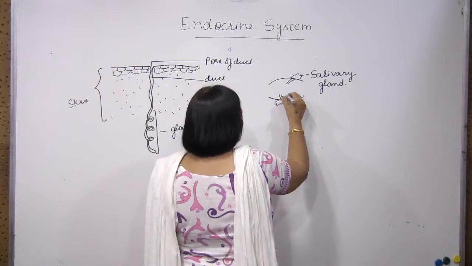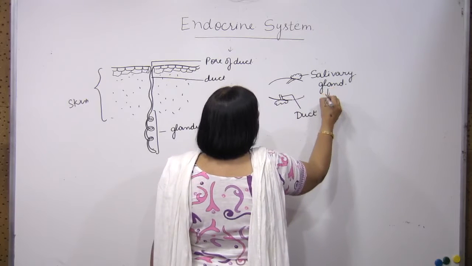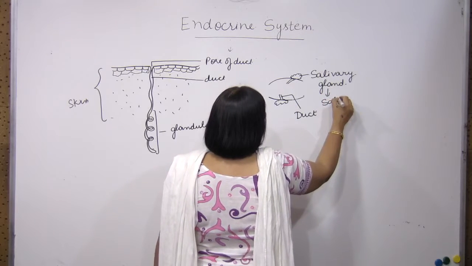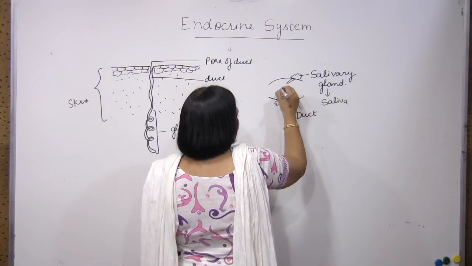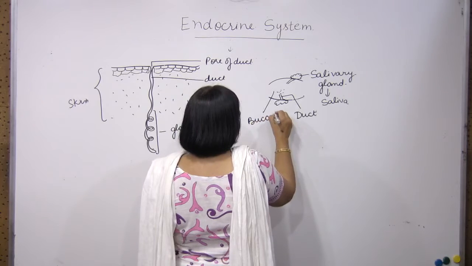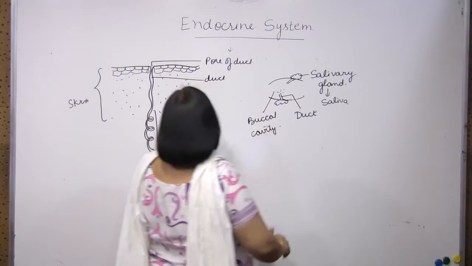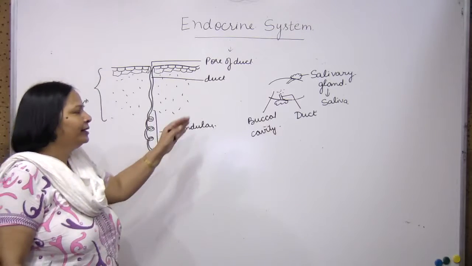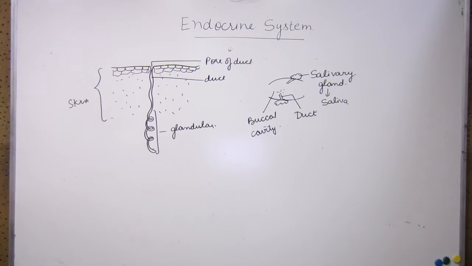This is duct. Salivary gland secretes saliva, which is poured through the duct in the buccal cavity. So, like sweat gland, salivary glands are also exocrine in nature. Right? Students, draw this.